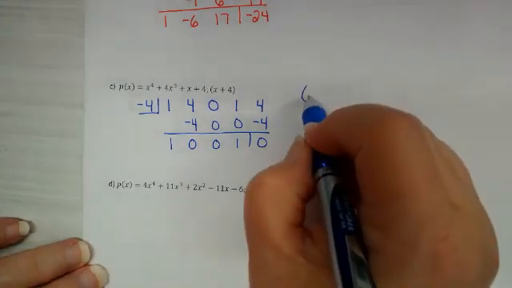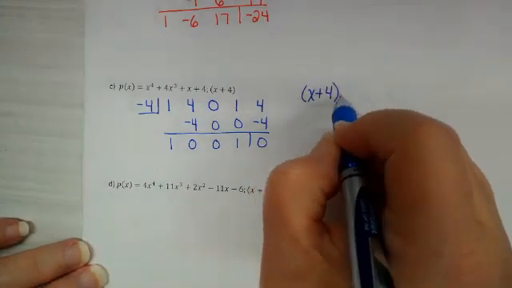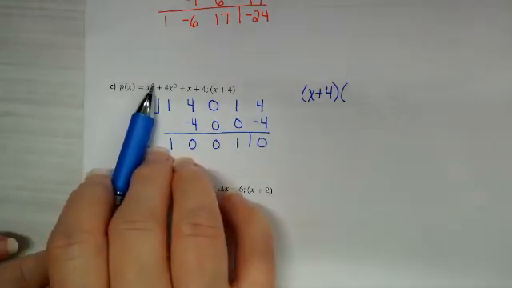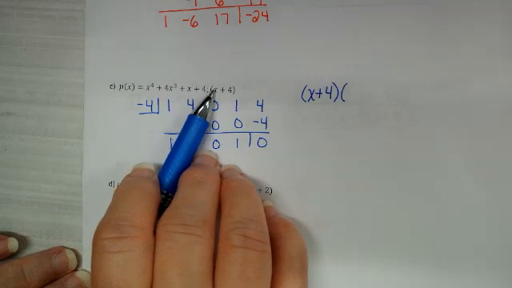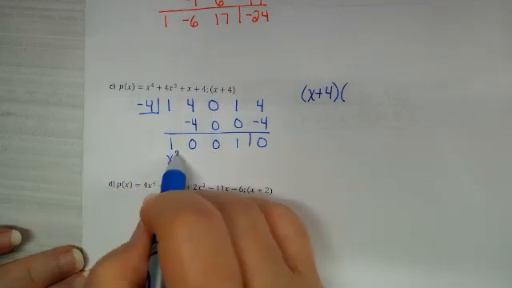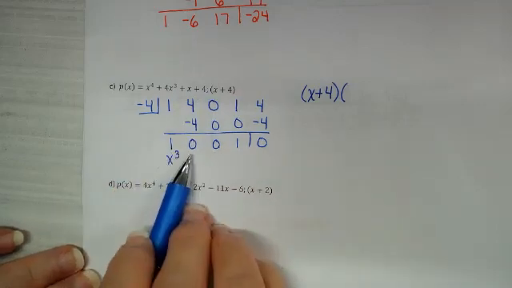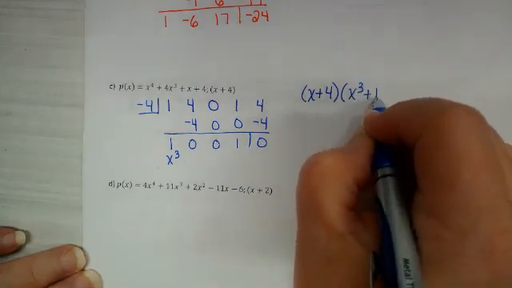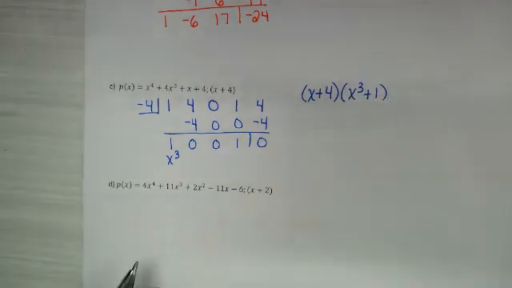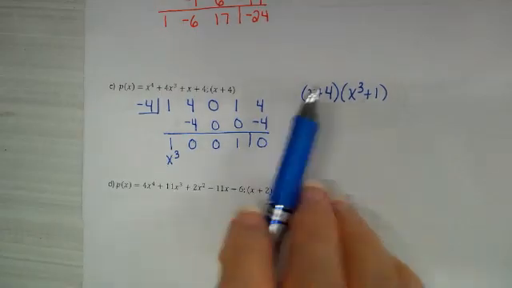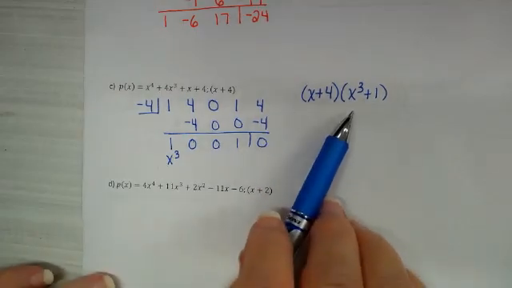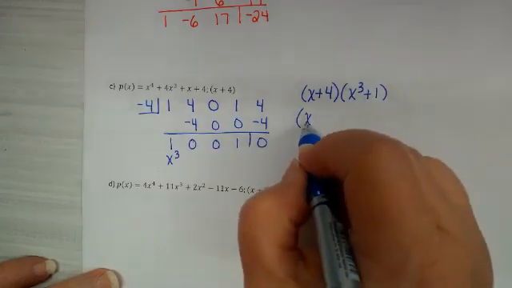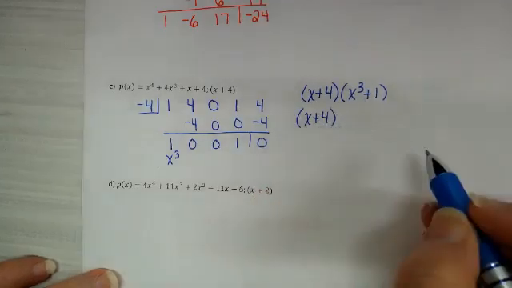So x plus 4 is a factor, and the other factor is this one. Now notice we started with x to the 4th, so when we divided by x, this one is x to the 3rd, x squared, x to the 1st, constant. So this is x to the 3rd plus 1. So our job now is to see, can I factor this any further? And I hope you say yes, because x to the 3rd plus 1 is my sum of cubes.